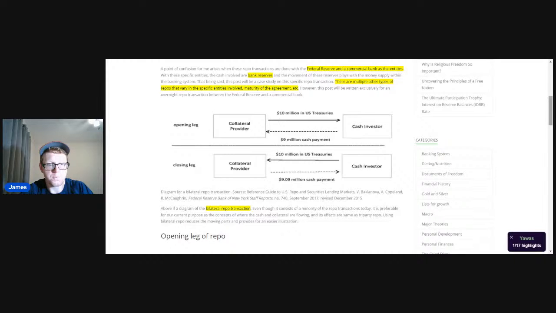I basically did this for pure concept: what's happening during a general repo transaction, in terms of cash goes here for funding, and then collateral goes here. What can happen from that? Because you can think about this from multiple points of view. So again, you basically have two beginning and ending entities: the cash investor and the collateral provider.